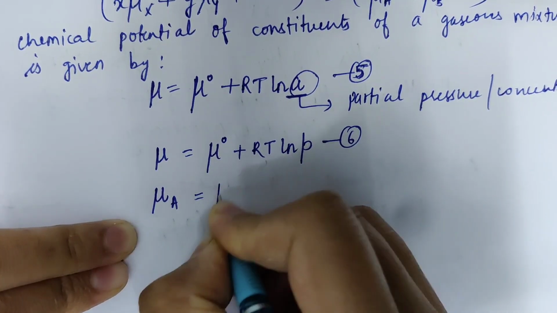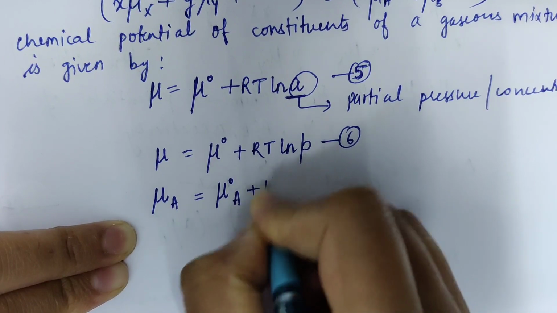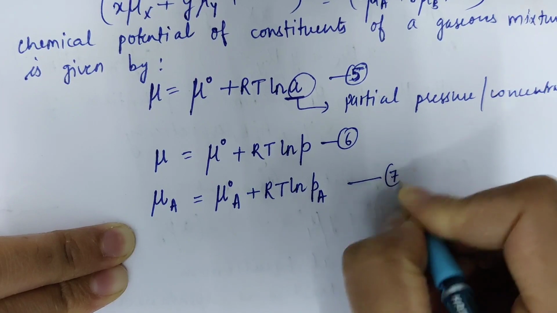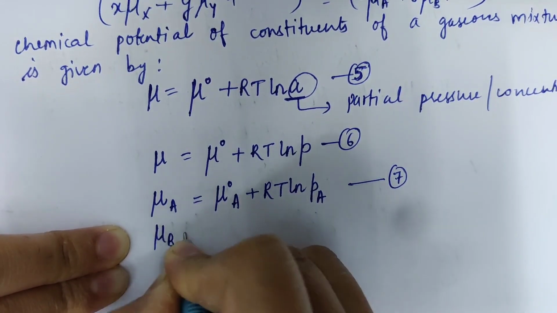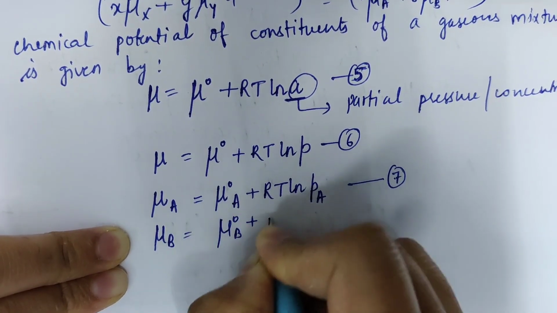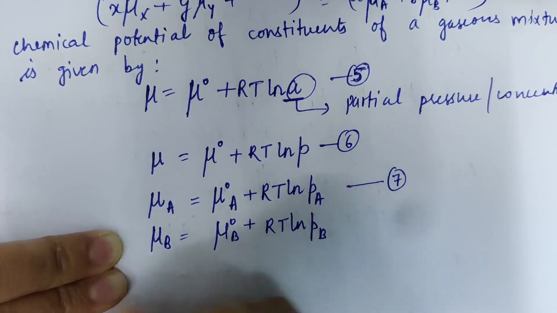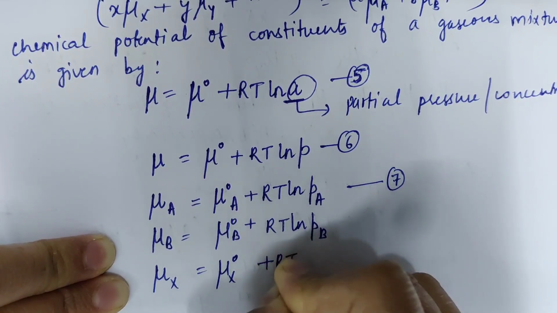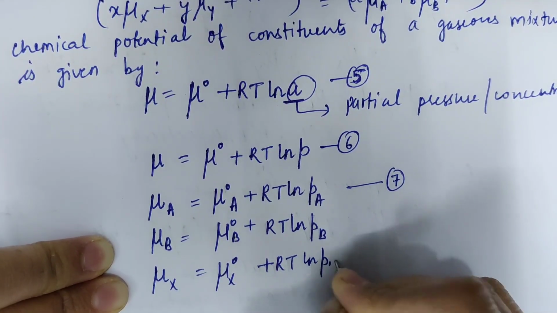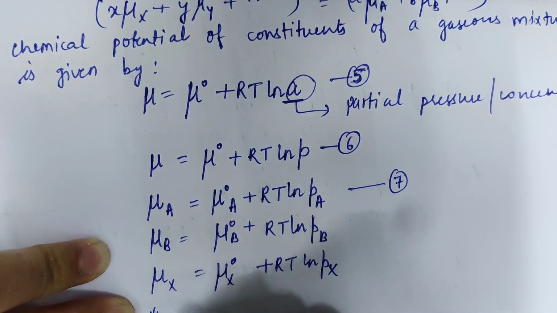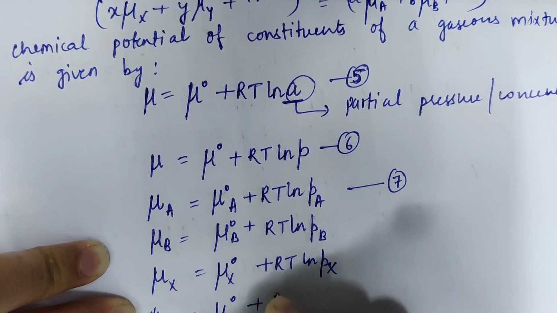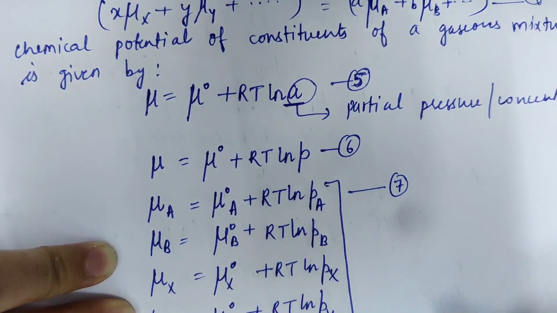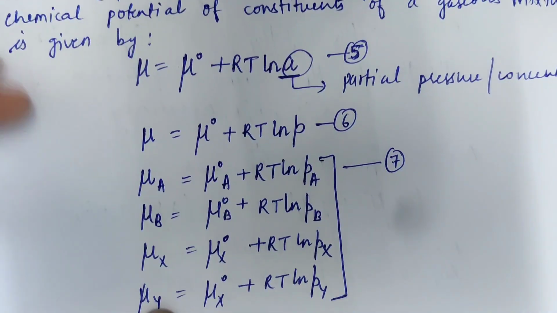Chemical potential of A will be equal to standard chemical potential of A plus RT ln partial pressure of A. So similarly, we can write this equation for all the reactants and products. So let's say this is our seventh equation collectively.